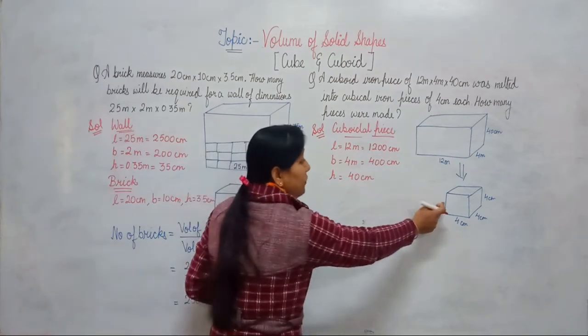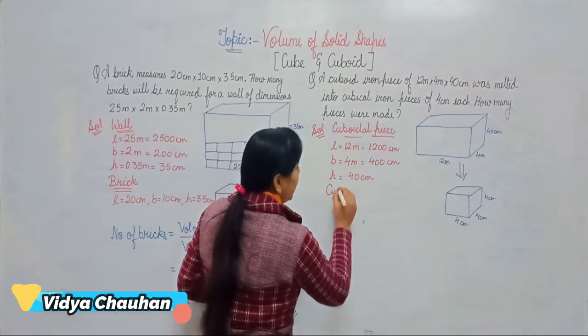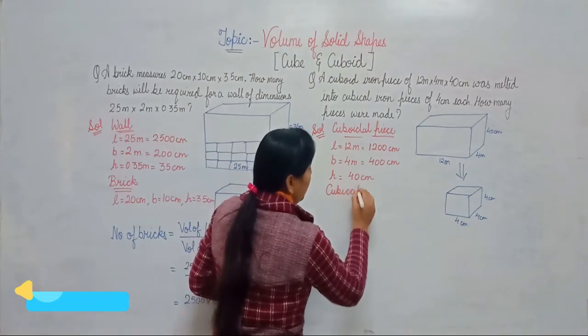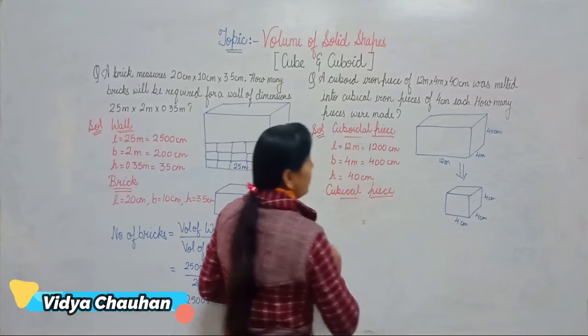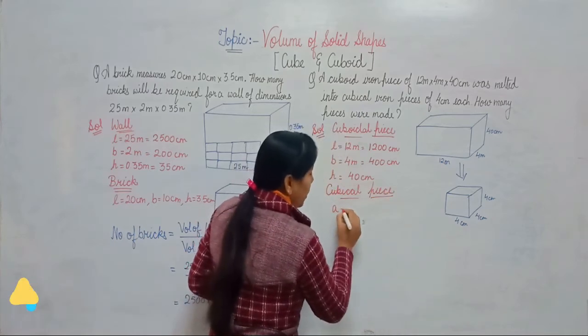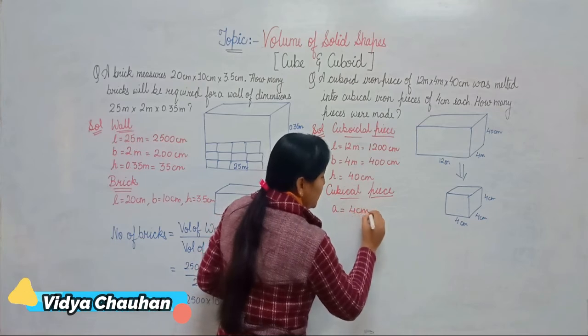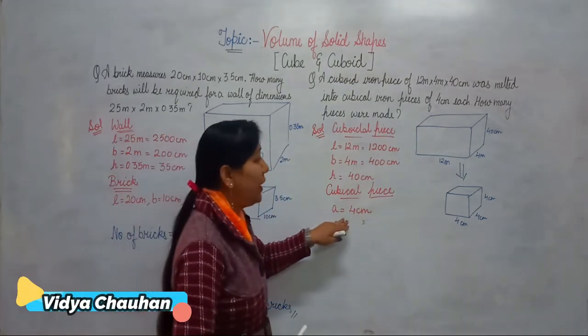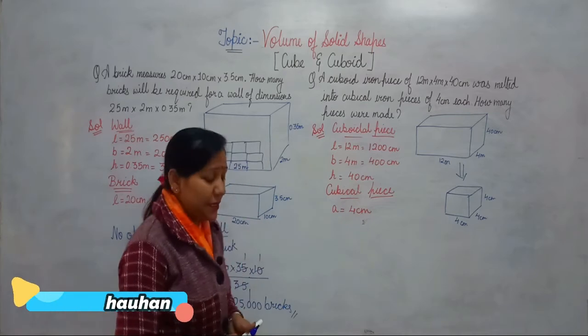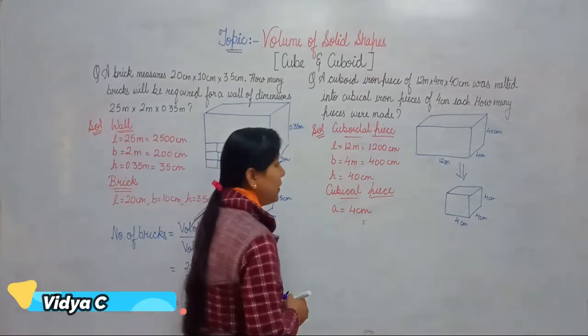Coming to the second one, which is our cubical iron piece. If we talk about the dimension of the cubical piece, then all the sides are 4 centimeter each. Clear students? Now it's time to find how many pieces you will get here.